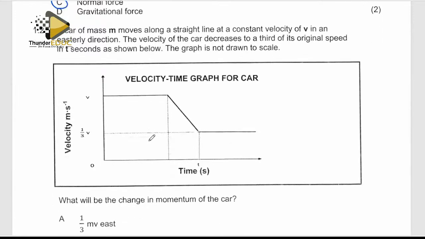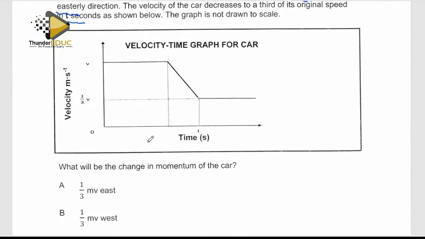And then 1.2, we are being told that a car of mass m moves along a straight line at a constant velocity v in the easterly direction. The velocity of the car decreases to 1/3 of the original speed in t seconds, as shown. And then they're telling us that it is not drawn to scale.